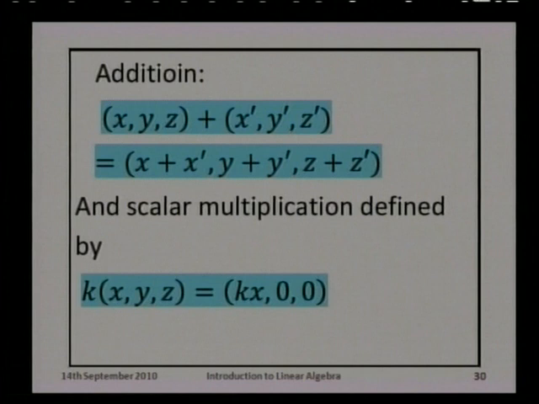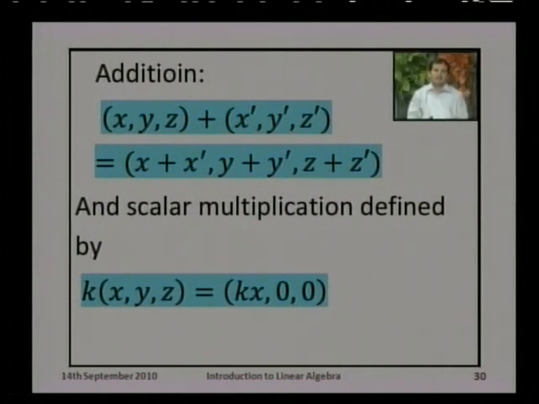Note that k(x, y, z) is not equal to (kx, ky, kz). So the multiplication is defined by us according to our choice, and that might be a possibility.